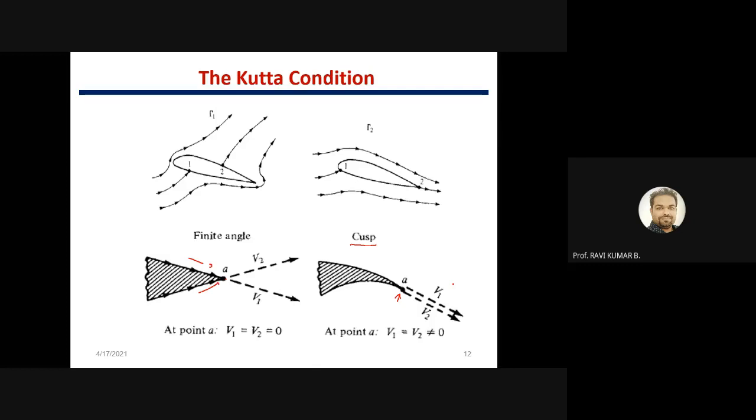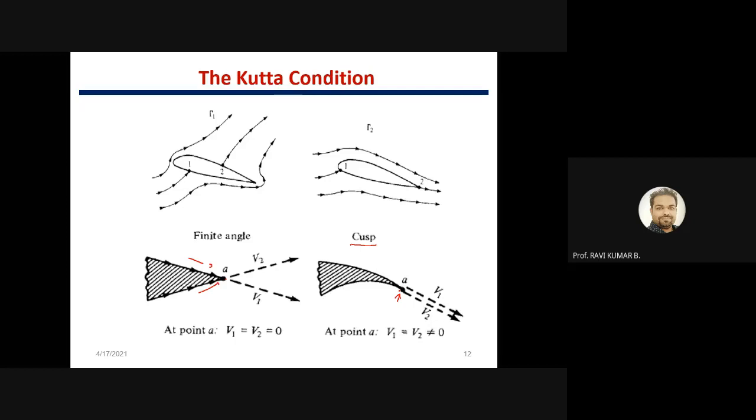So the velocity leaving the top and bottom surface at the trailing edge will be finite and equal in magnitude. Their magnitude will be the same, but not zero. So if you make your trailing edge cusped or curved, the Kutta condition will easily be satisfied.